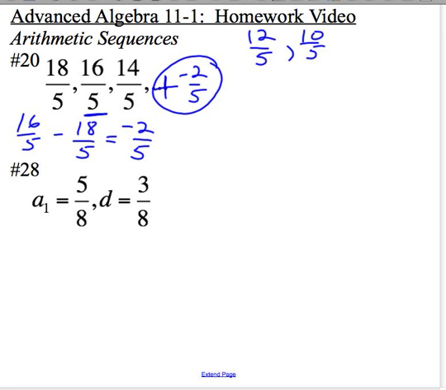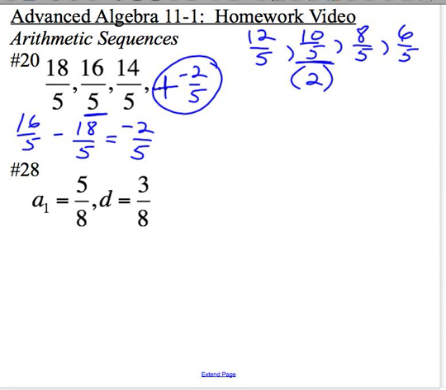Add another -2/5, I get 8/5. Add another -2/5 to get 6/5. Now, depending on your teacher, this one right there, they might want you to write as 2. Simplify the fraction.